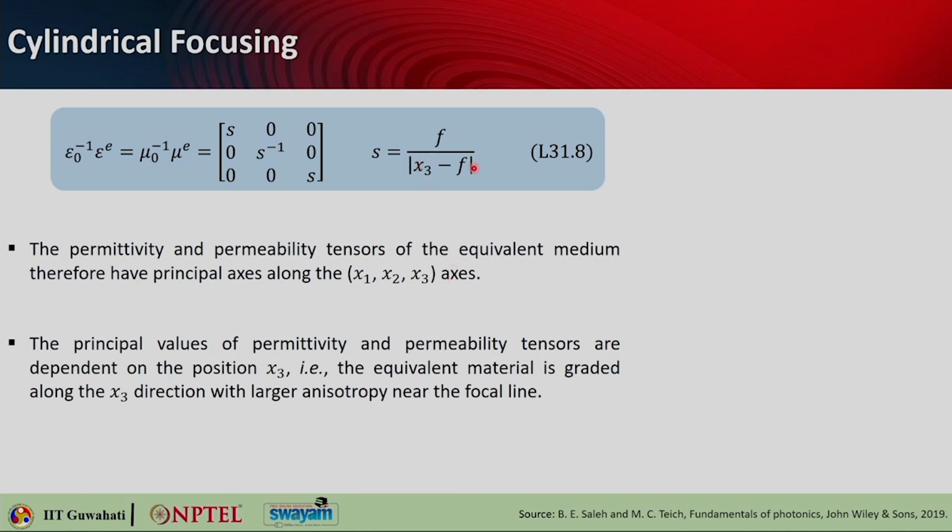So, when this goes very close to the focal line, this value will be very large. So, this is a kind of larger anisotropy, that is what they are discussing. Here these parameters are basically functions of x3, and that is why they are all graded.